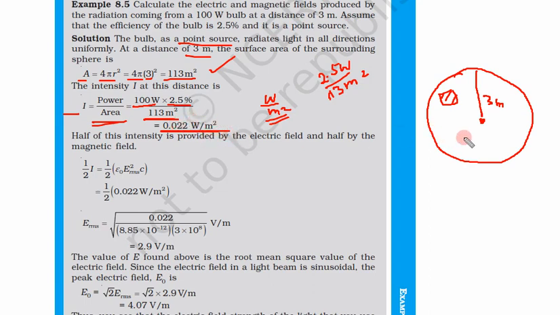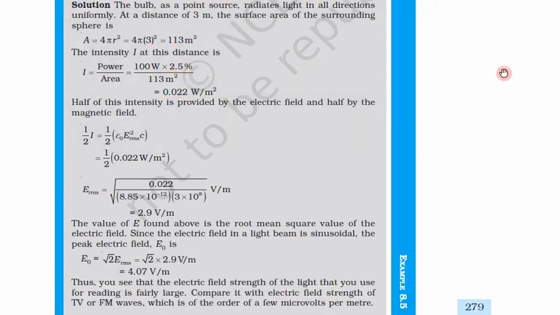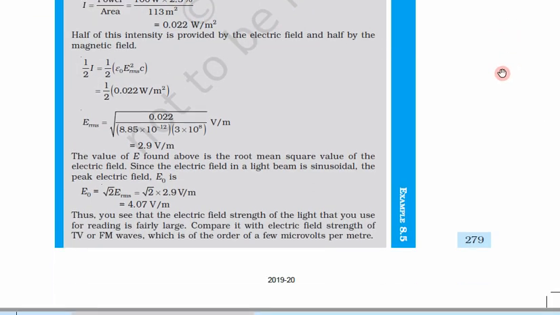That means when we are 3 meter far from this bulb, only 0.022 watt is falling on 1 meter square. That is the meaning of intensity. This is the total intensity at 3 meter.